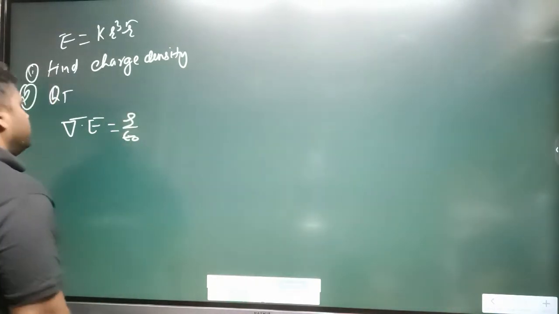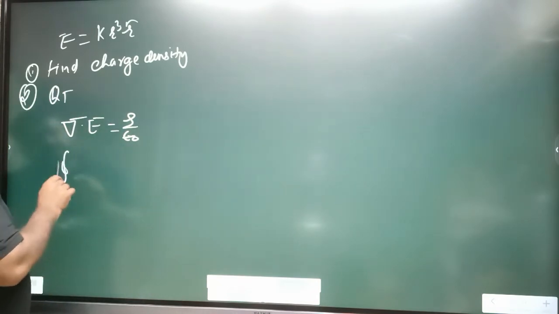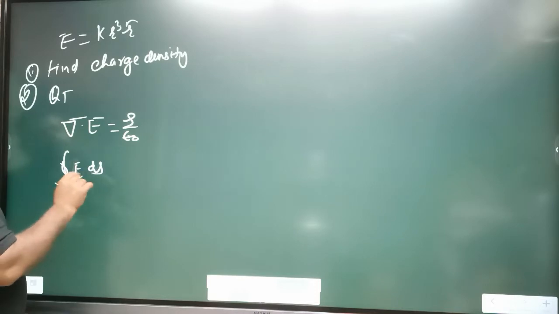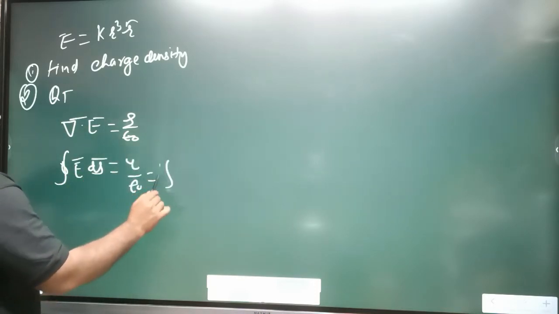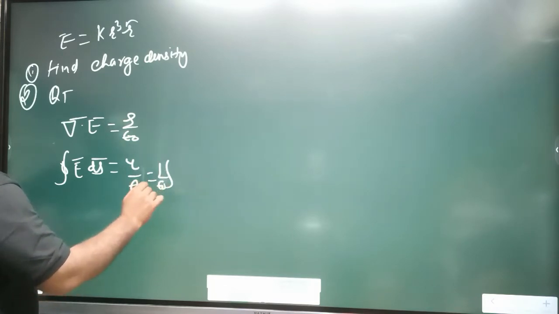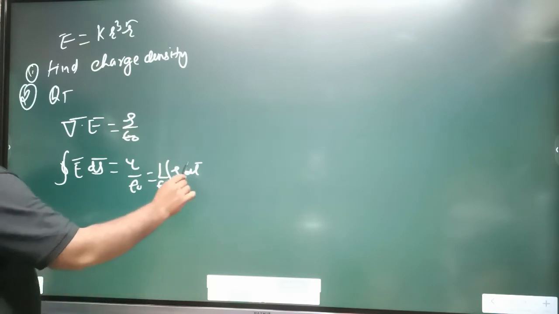Yes or no? How do we get this equation? We know that the closed integral of E bar dot ds bar is equal to Q by epsilon naught, and Q is nothing but rho into d tau.